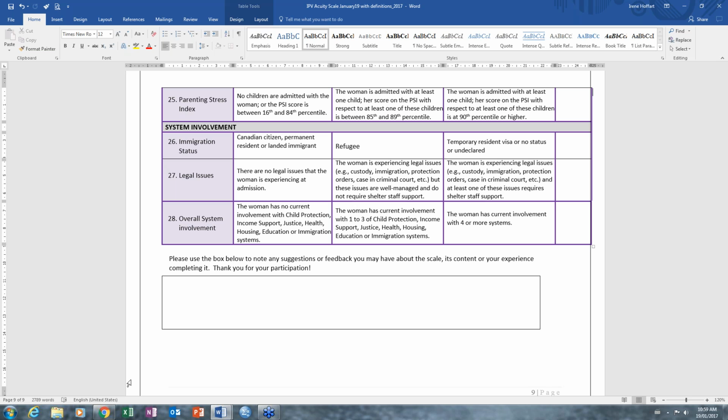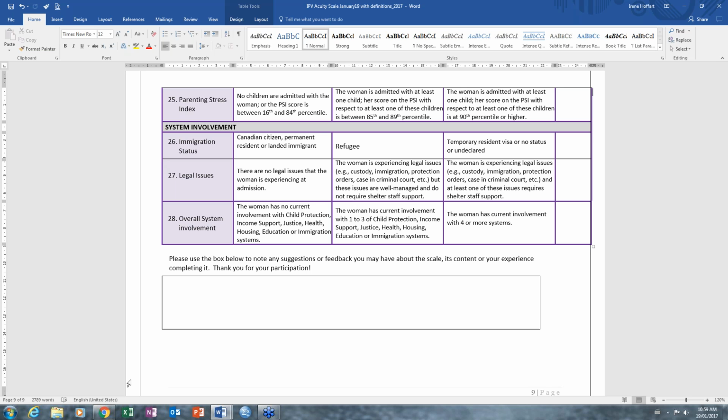So if you're a Canadian citizen, permanent resident, landed immigrant, score of 0; refugee, a score of 3; and if you have a temporary visa or no status at all, or you're undeclared, score of 5, because obviously we know what kind of complexity might occur as a result of being in that situation. Legal issues.